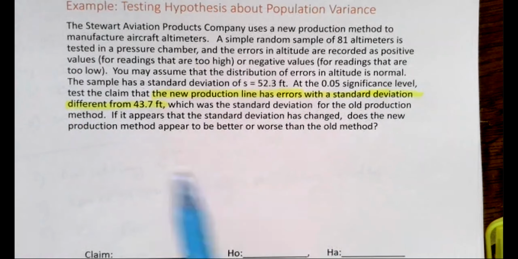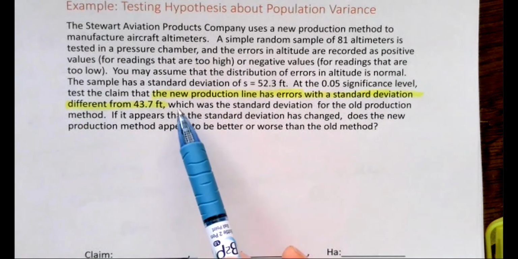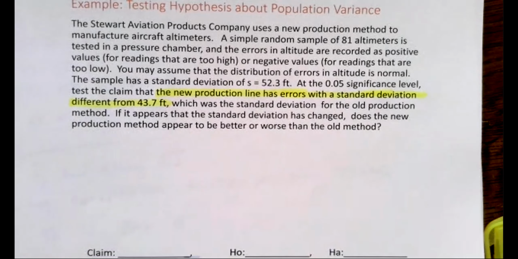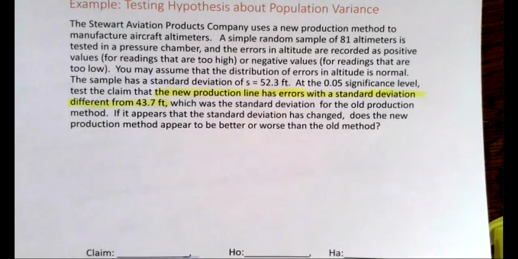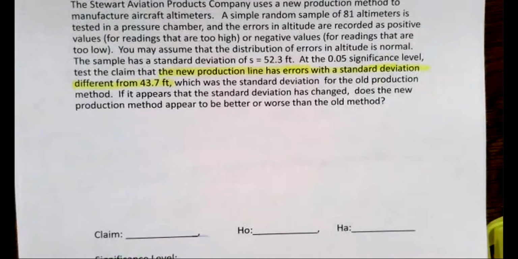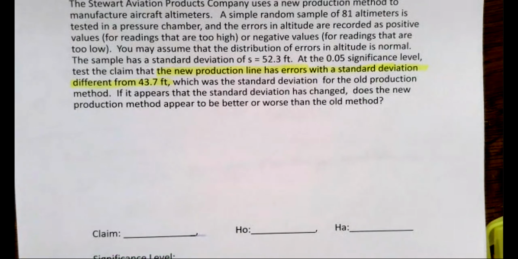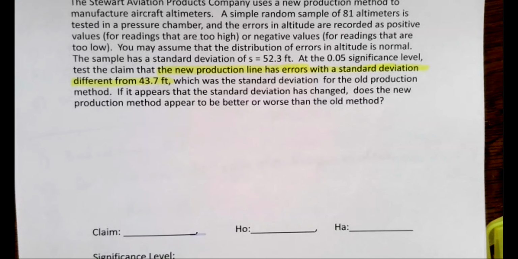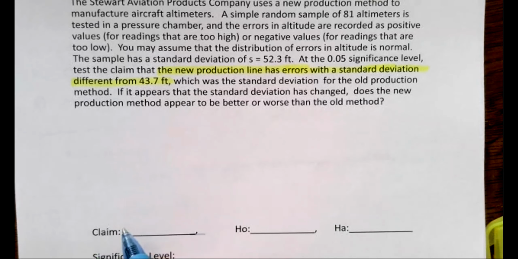Okay, so how do we write this as a mathematical expression? All right, so different from means not equal to. Different from means it could be less than or it could be greater than. So this is new. This is going to end up in a two-tailed test.